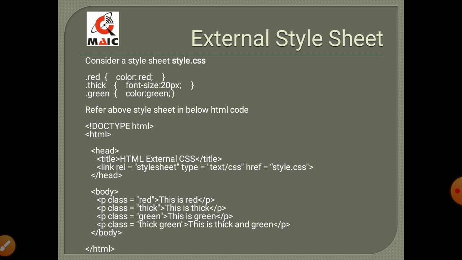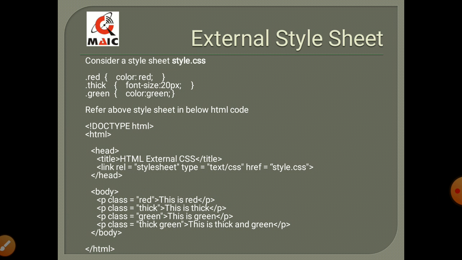I'm using the same example from the internal style sheet so it is easy to understand. I'm using the same three classes, red, thick and green, and now we will refer to it in the HTML code. Now we have to look at how this linking is being done.